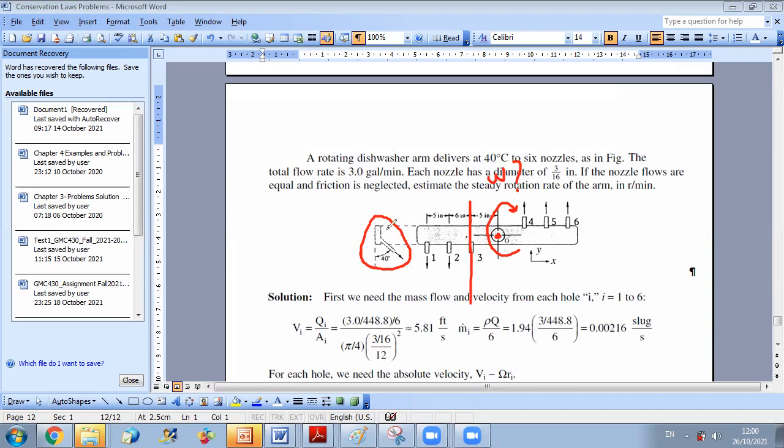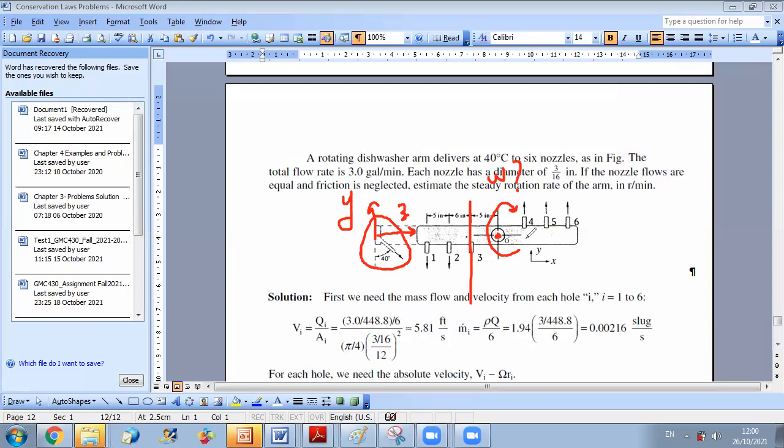In this figure, this is the axis of rotation, this is Z, and this direction is Y. So here you are observing plane YZ, while in this case you are observing plane XY.